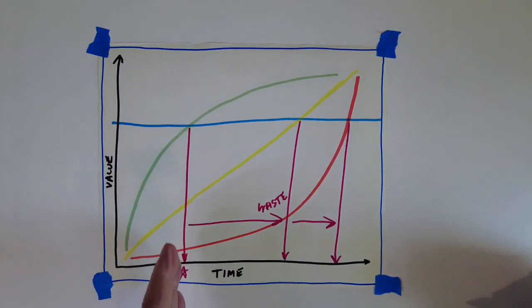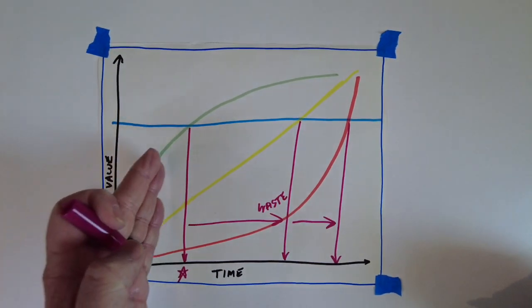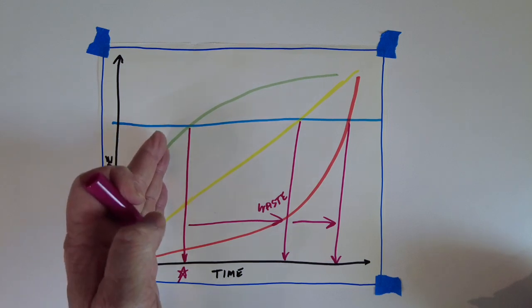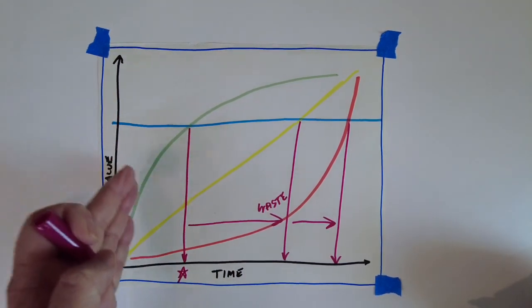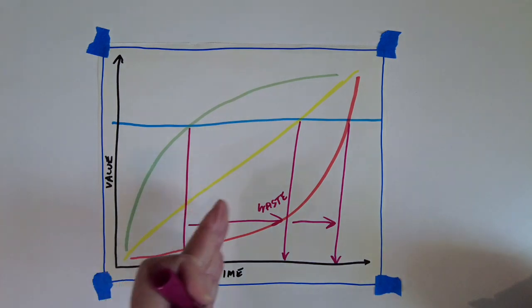Because we're not taking our portfolio and looking at what's the most valuable thing, let's get that done so that we can build value sooner and more rapidly, instead of just trying to do all of it.